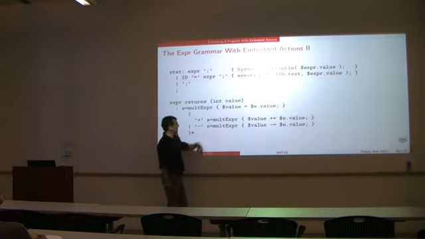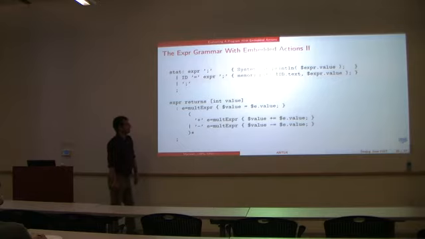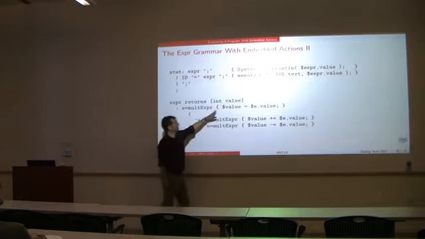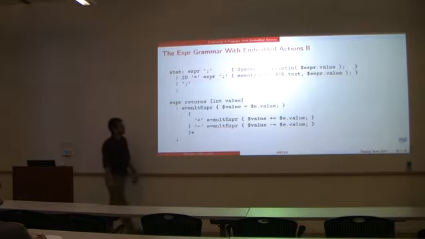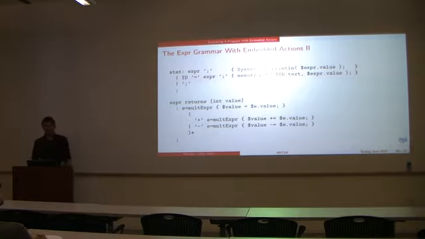But if I swap these two over, if you saw 4 minus 3, you would get the value 7. We know what you expect. Okay, so this is how we accumulate the result of this expression rule in Antlr with these embedded actions. Any questions? Okay.